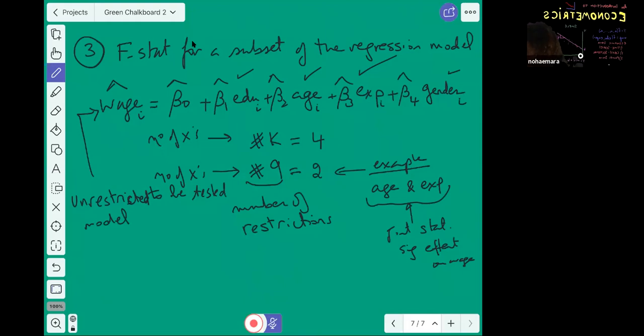I can have another version where I'm using the restrictions I have under the null. So I'm testing age, where age has a coefficient of beta 2, and I'm testing experience, where experience has beta 3, are equal to 0. So these are my two restrictions, and the alternative is that one of the two does not hold, right?